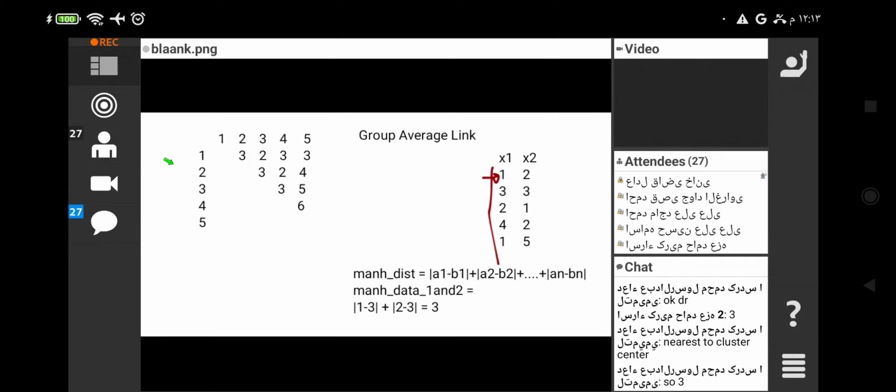Here you see this one. This is the distance between 1 and 3, so it's 2. And this one, distance between 2 and 4, it's 2. So these two are the nearest clusters, 1 and 3, 2 and 4.